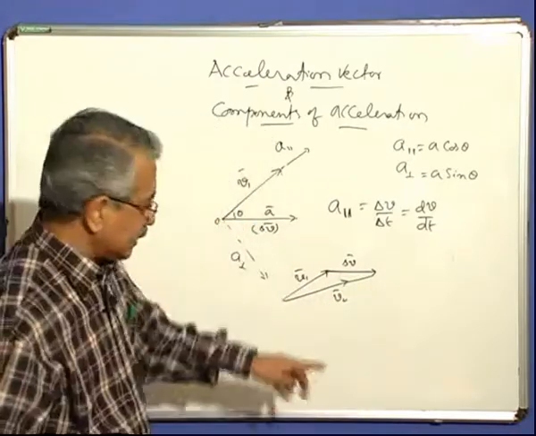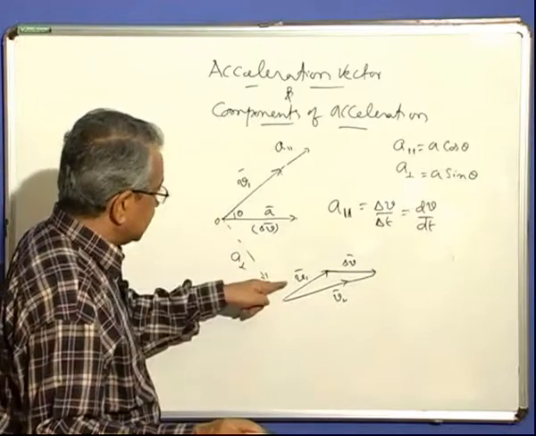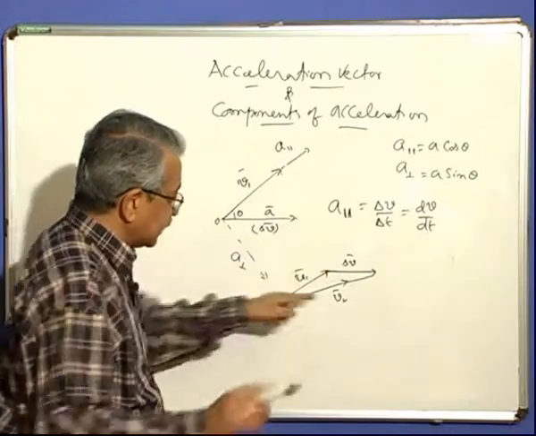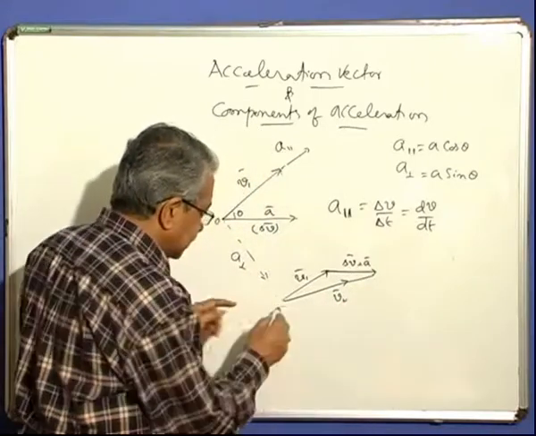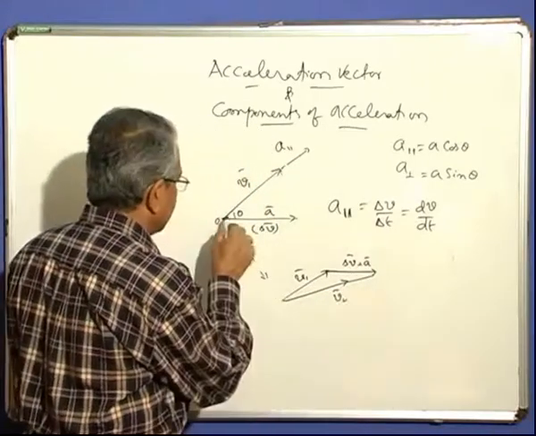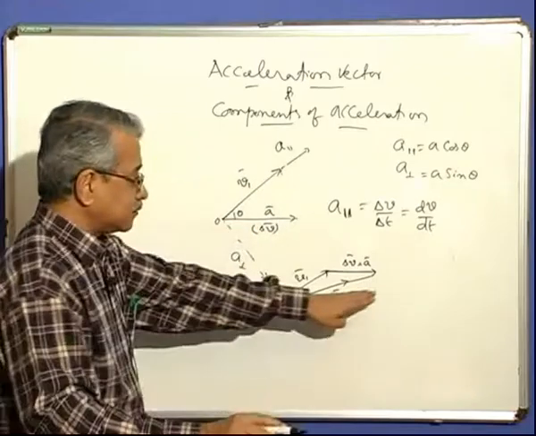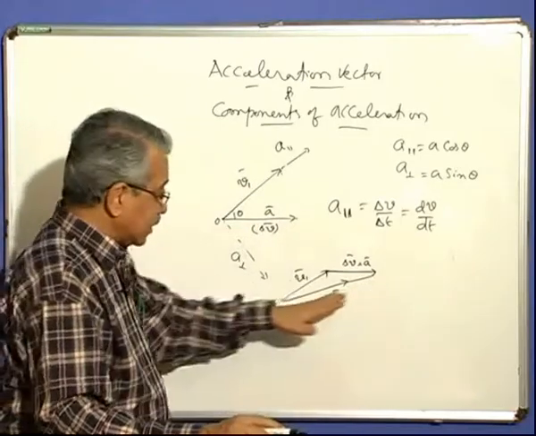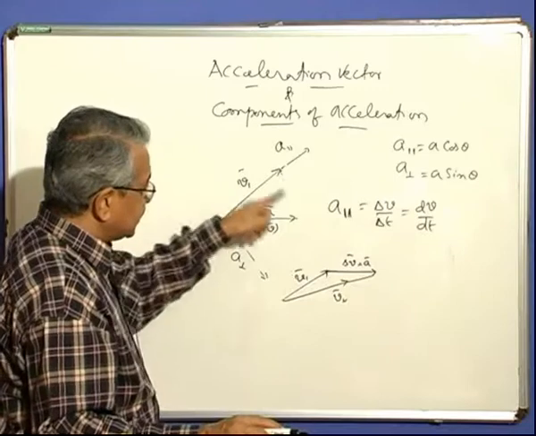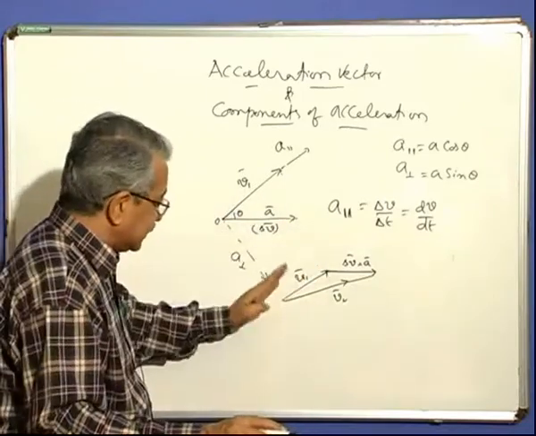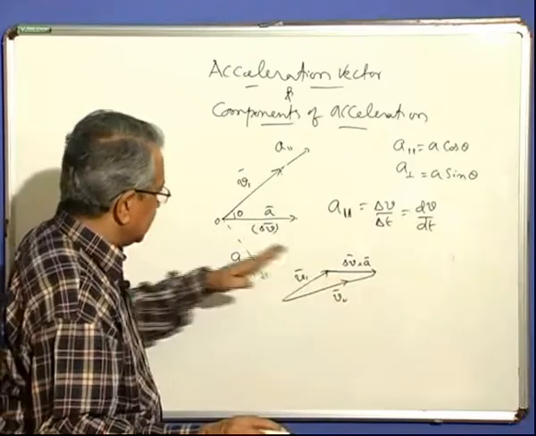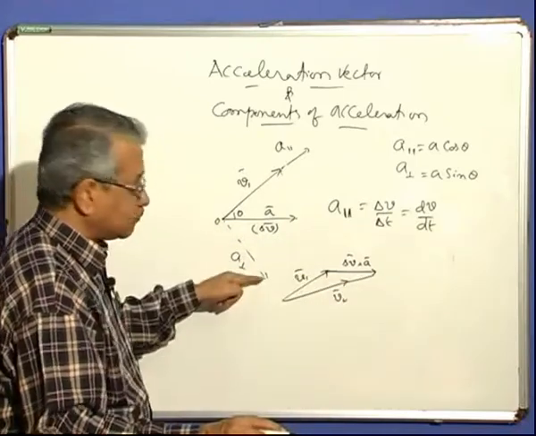Now you can see in the picture the initial velocity is this, the change in velocity is this, that is the direction of the acceleration, and the final velocity is in this direction. So the final velocity will be something different. The change in magnitude of the velocity is produced by the component parallel to the velocity, and this change in direction is because of the influence of this particular component.